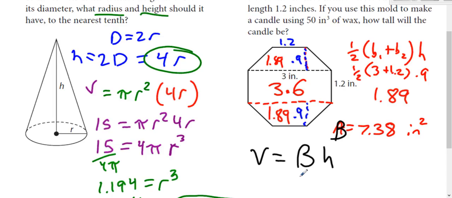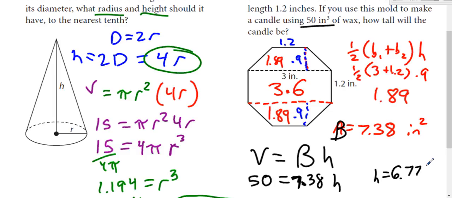We just found the area of the base is 7.38 times height. It's going to equal our volume, which is supposed to be 50. And we're solving for height, so just 50 divided by 7.38. So 6.775 inches.